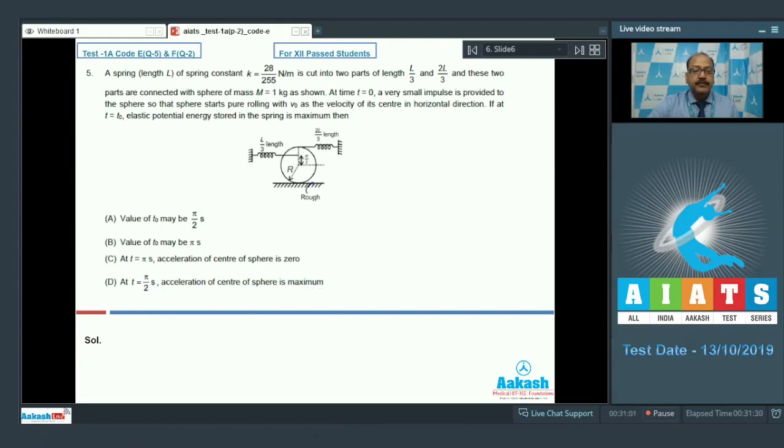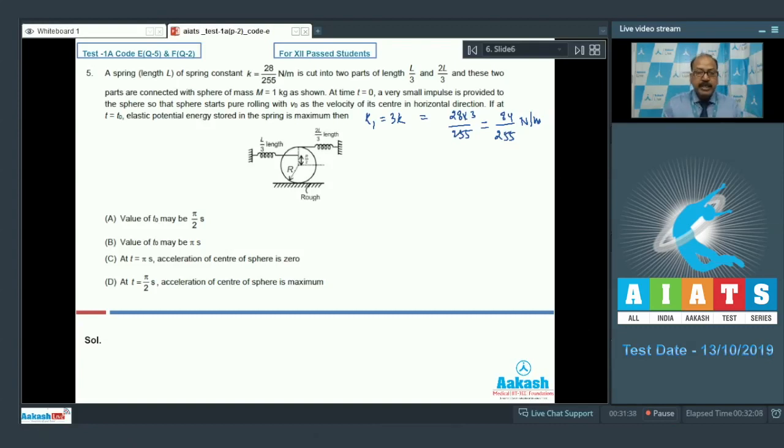Well, for solving this, first we find the spring constants of the two parts. Let's say the spring constant of the smaller part we represent by K1. Since the length has become 1/3, K1 will be 3 times K, and that means it is equal to 28 into 3 by 255 Newton per meter, which is equal to 84 by 255 Newton per meter.